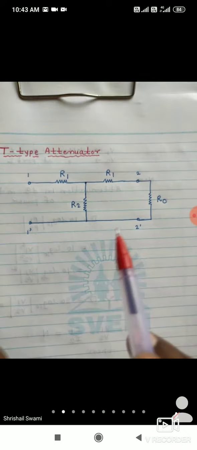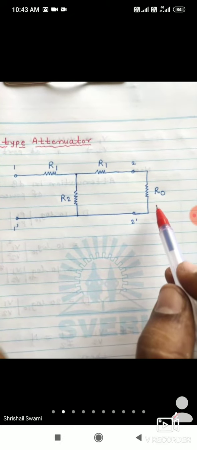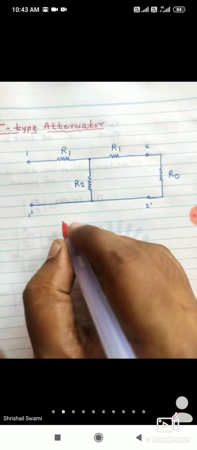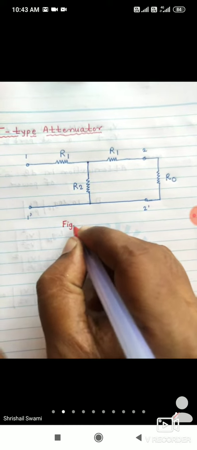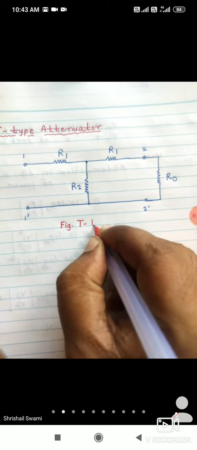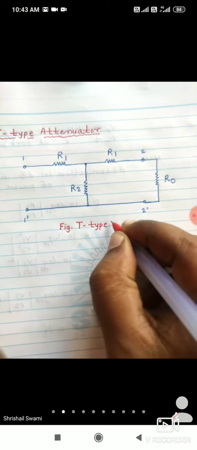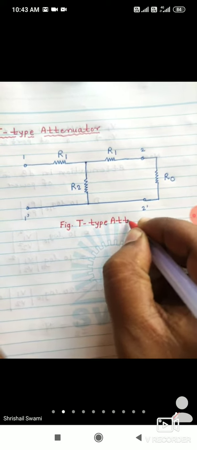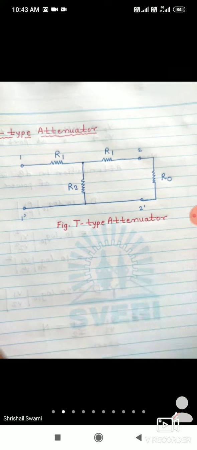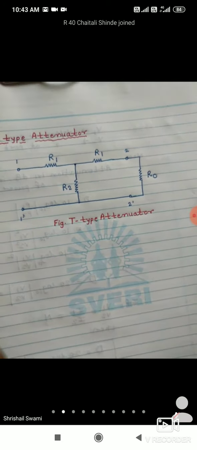In the series arm always R1, in the parallel arm always R2, and at the second port the load resistance is always R0. I will name this figure 1. This is the T type attenuator. Every time there will be a minimum 4 marks question based on the design of attenuator.